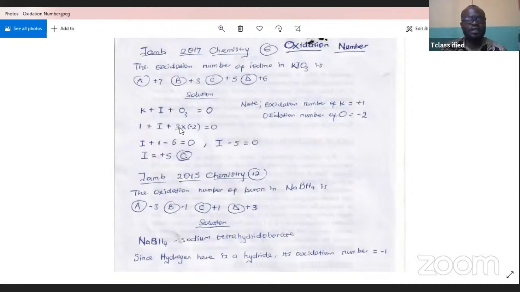So you have 3 times -2, whereas here you're having 1. So 3 times -2 is -6. So we have -6 here. If you now say 1 minus 6, you have -5. So when you take the -5 over to the other side, you have +5. That is how we come about this +5.